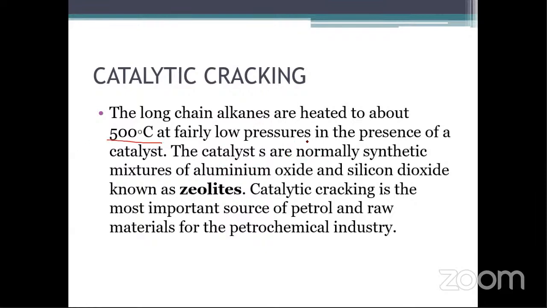You have low pressure and you need the presence of a catalyst. The catalysts are a mixture of aluminum oxide and silicon dioxide, and we call this zeolites. Catalytic cracking is where we get our petrol today.